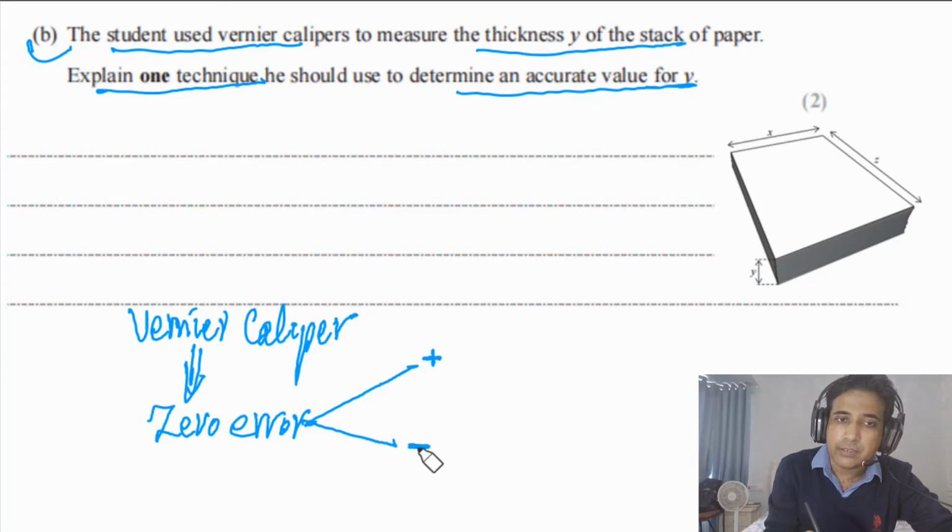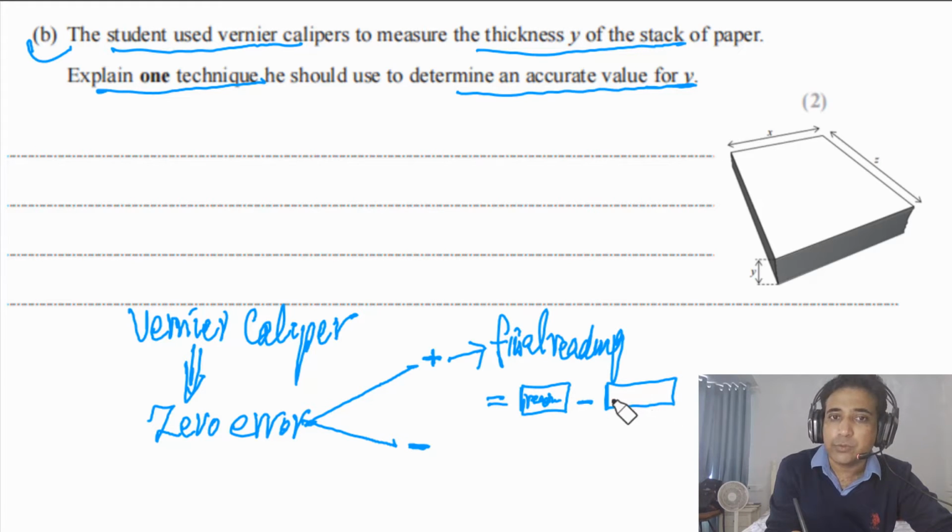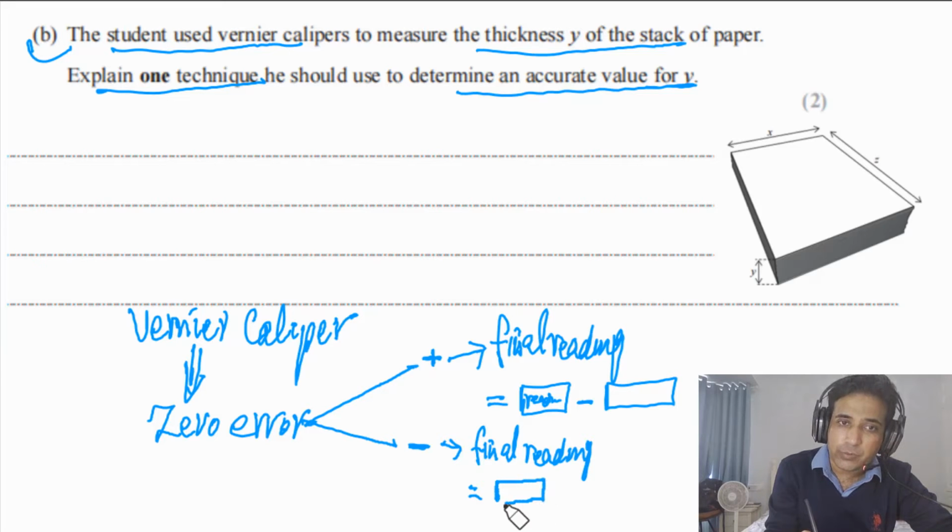If the zero error is negative, then for the final reading, the actual reading, we have to add the zero error. This will be equal to the reading from the instrument plus zero error.